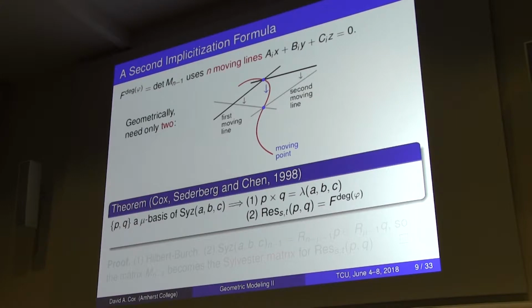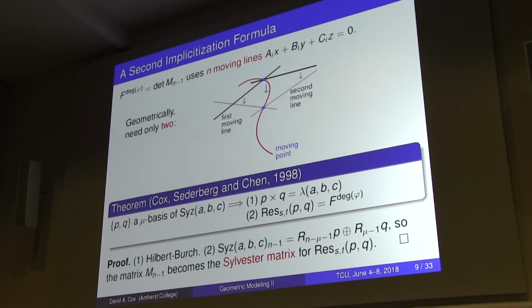So the resultant of a mu basis gives the implicit equation up to the degree of the parameterization.